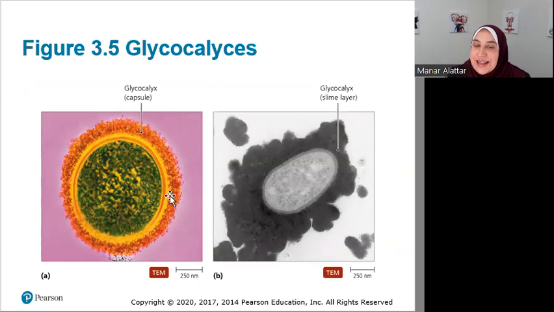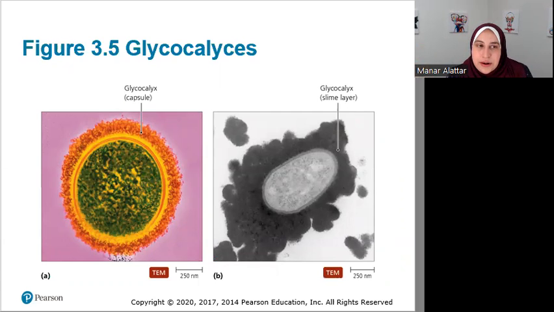You could have a glycocalyx that is a capsule, this organized, standard structure of those sugars that gives you an organized and usually tighter layer that we call a capsule. Or you can just have this mess of sticky sugars called a slime layer, and both of those protect the cell. So let's continue with our discussion of anatomy.